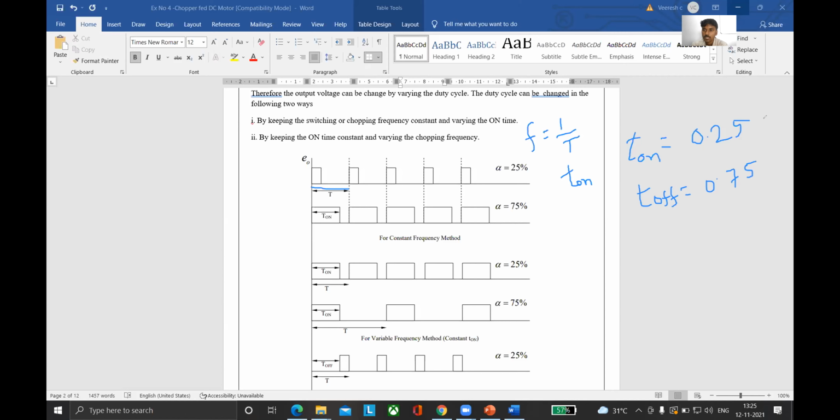Clear? So here the total time is 0.25 plus 0.75, which is 1. Can you write that or not?